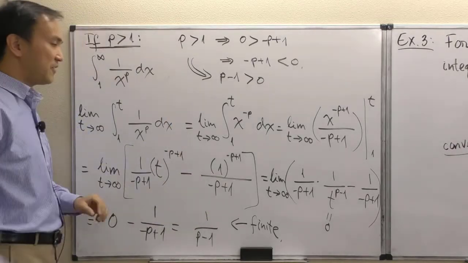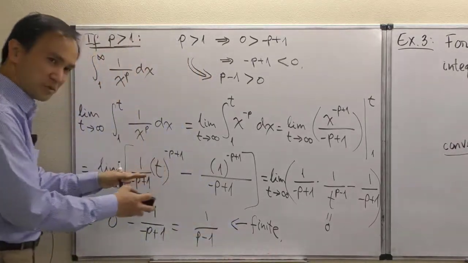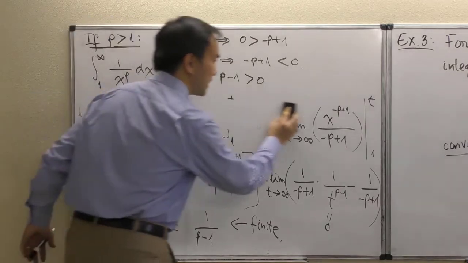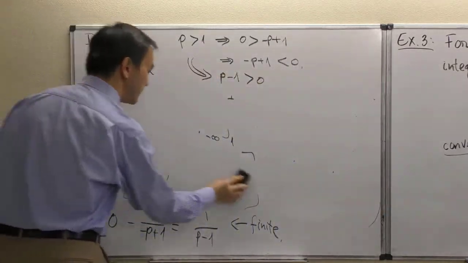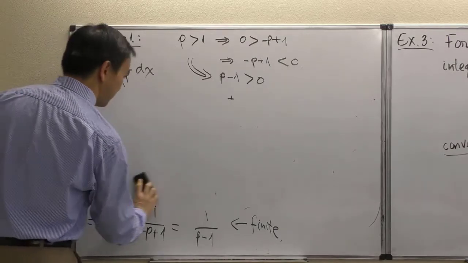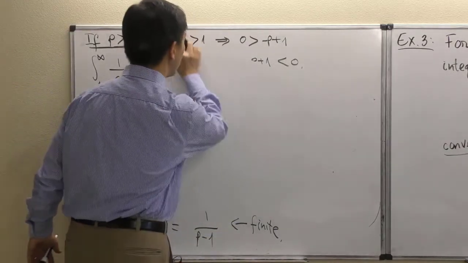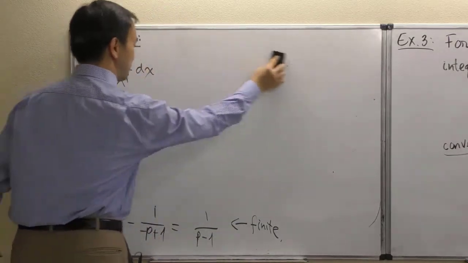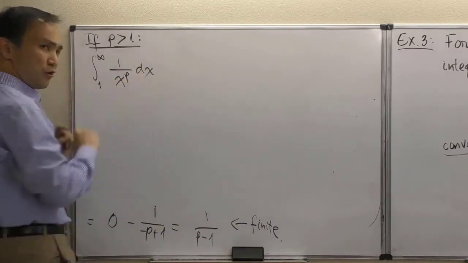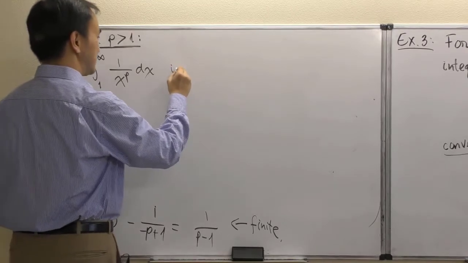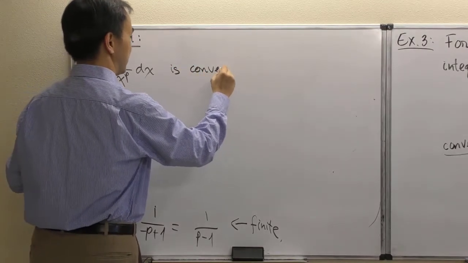Having a finite value means, I'm short of space here, so I'm going to quickly erase this board. Once we've just now proven that the limit at infinity turns out to be finite, that means this integral of that form is convergent.